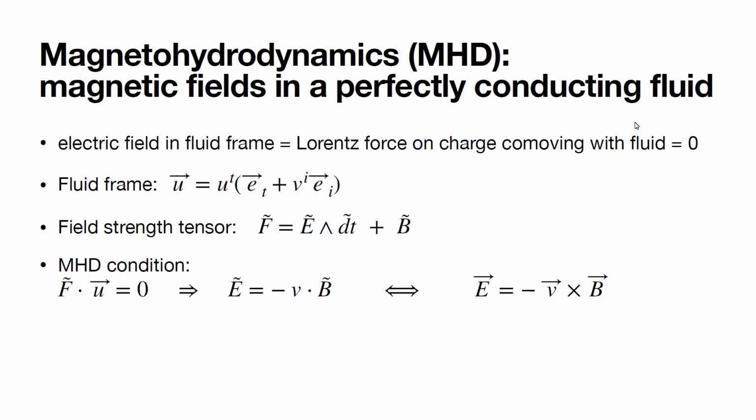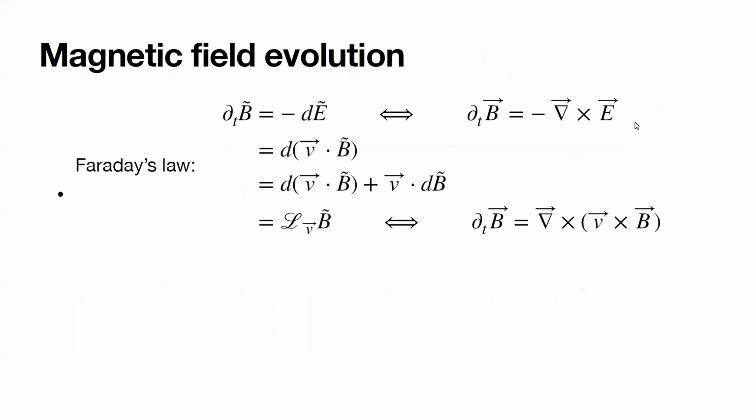So the electric field is just v dot the B 2-form, or if you like using vectors, it's v cross B vector. And so the electric field is not an independent variable. If you've got B, you've got E.